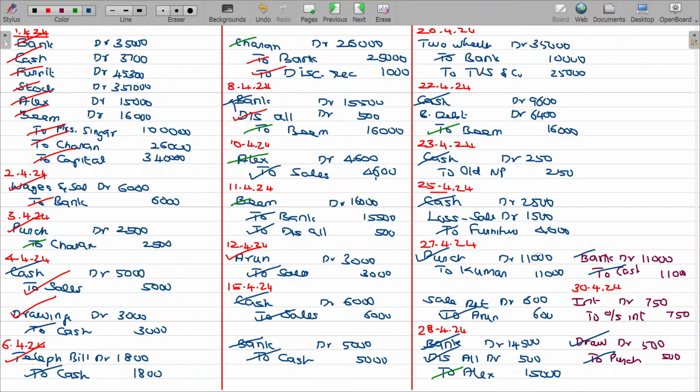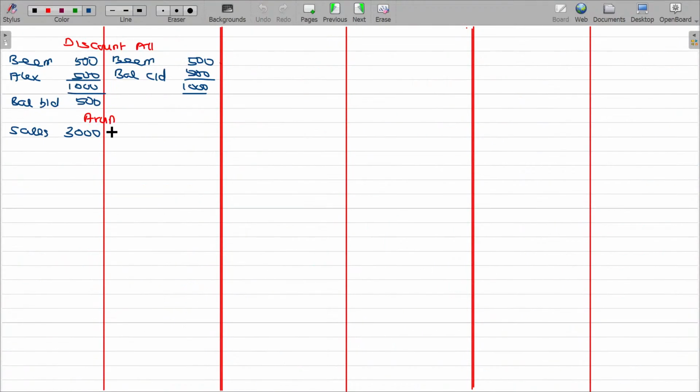By sales return 600. That's all. Finish up tallying this. 3,000, 3,000, 2,400 balance carried on, balance brought down 2,400. Clear?